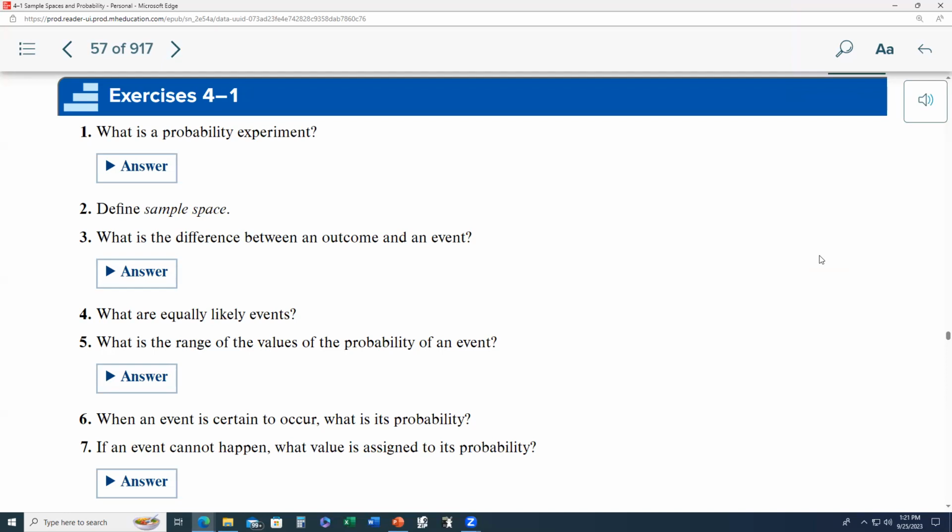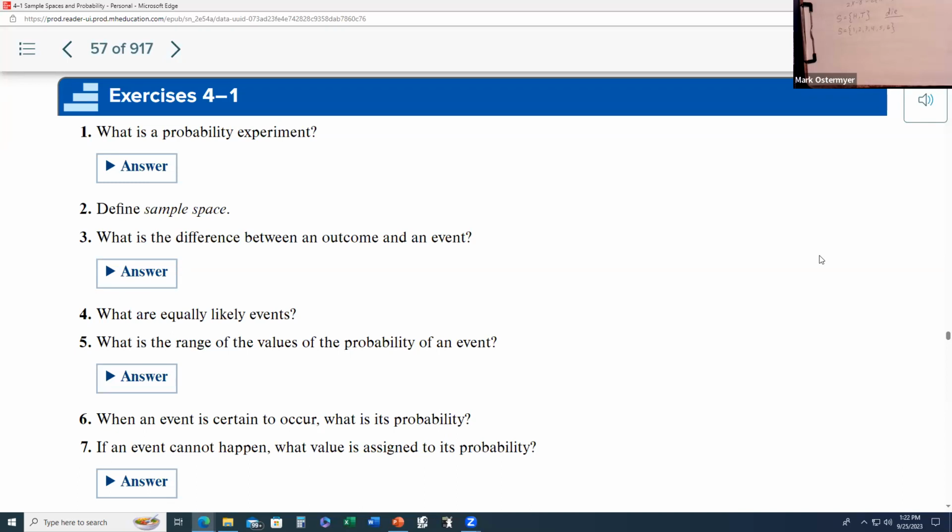Is that considered a probability experiment? Probably not, correct? Do you think a probability experiment would be me going into a physics lab and trying to determine the acceleration of gravity on planet Earth? Probably not.